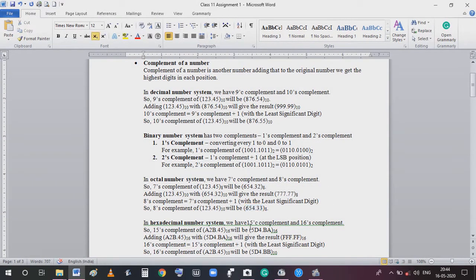Last, hexadecimal has 2 complements, 15's and 16's. For 15's complement, each digit is subtracted from F or 15, and we get this one, and 16's complement is 15's complement plus 1. I'll show some more examples too.